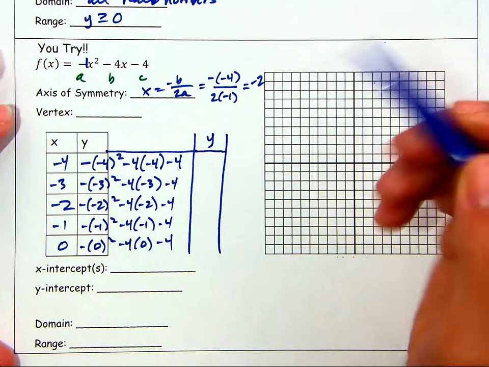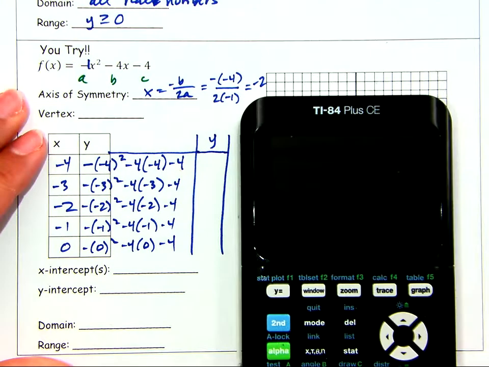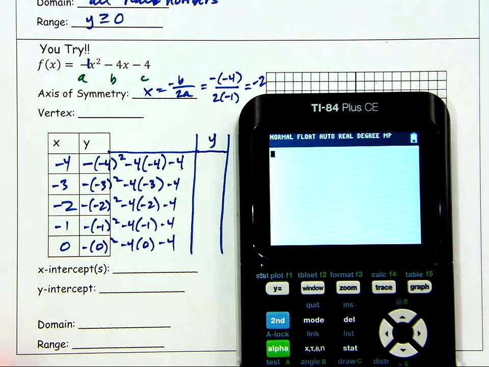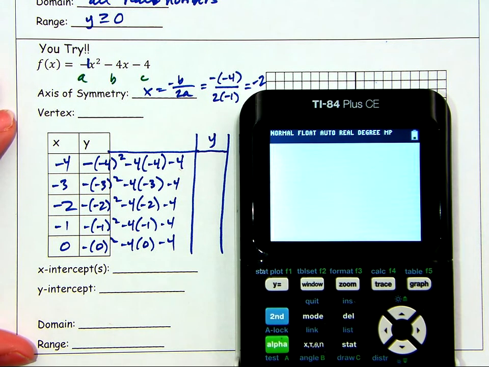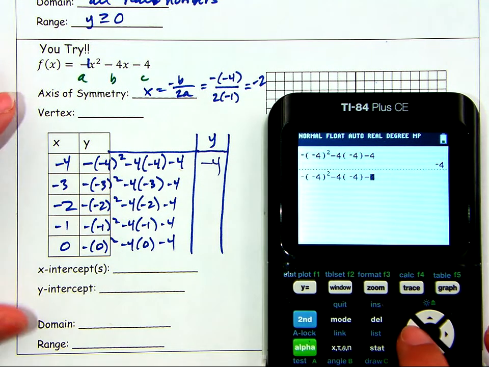All right, I'm going to pull out the big guns here because this calculator allows me to recall certain commands I've already written. So we're going to do the negative of negative 4 squared minus 4 times negative 4 minus 4. Okay, so that produces an output of negative 4. Then I'll change everything to negative 3's now.